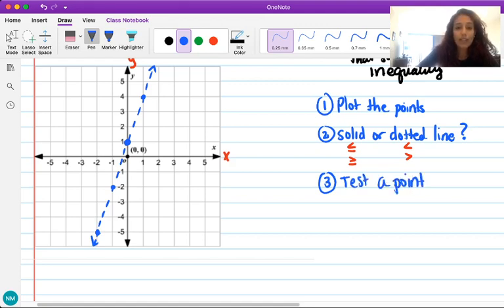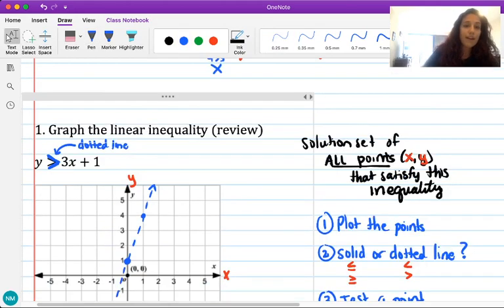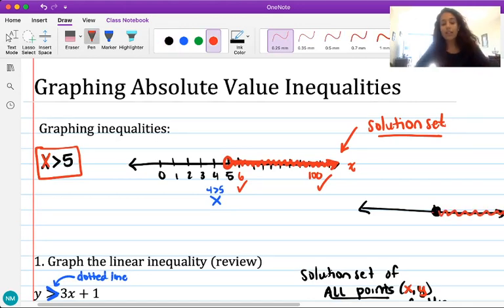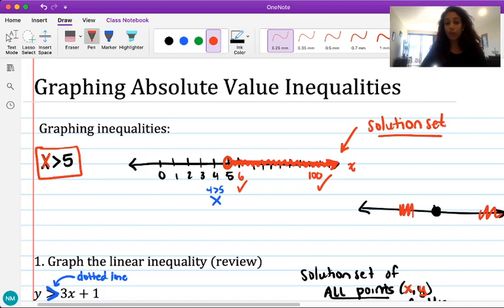Just like on a number line, if I'm shading an inequality and I have a point, it is either going to be everything to the right or everything to the left. It is not going to be both, and it is not going to be some here and some there, if we are dealing with one inequality, not a compound inequality.